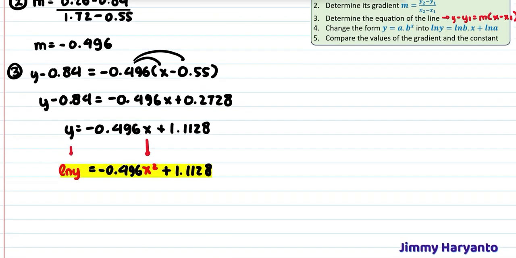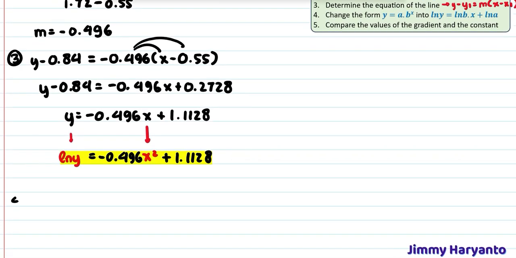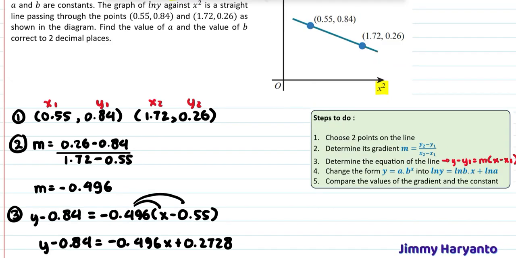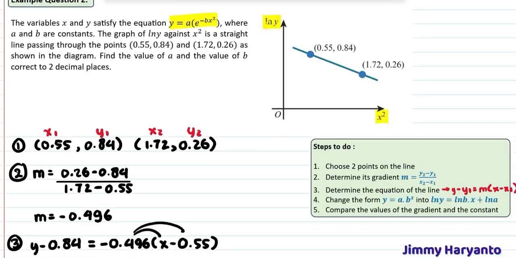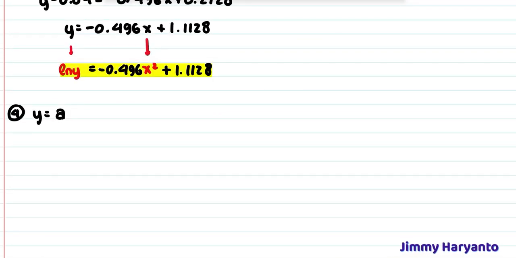The original function says y equals a times e to the power of negative bx squared. Okay, so we have to make these expressions similar to the one that we already got. That means you have to put ln on both sides like this.